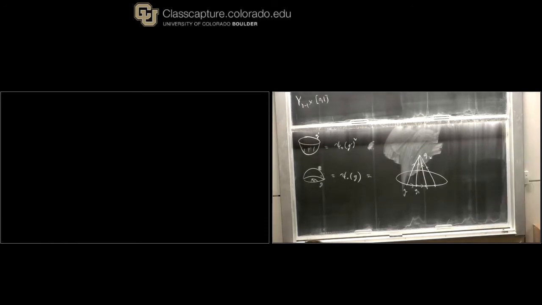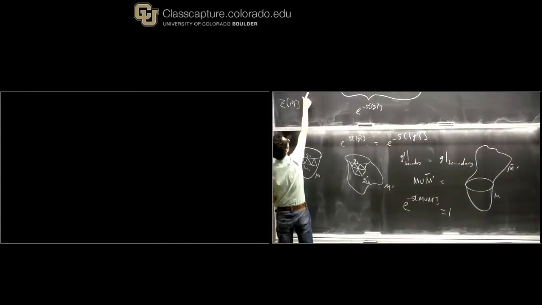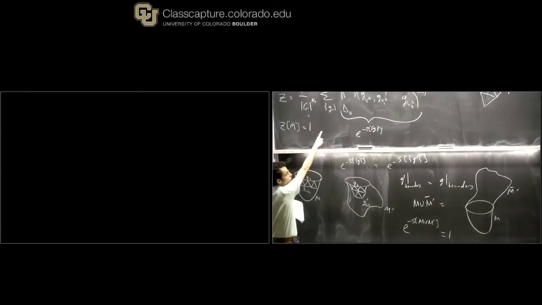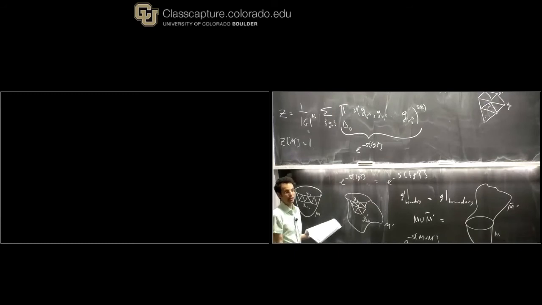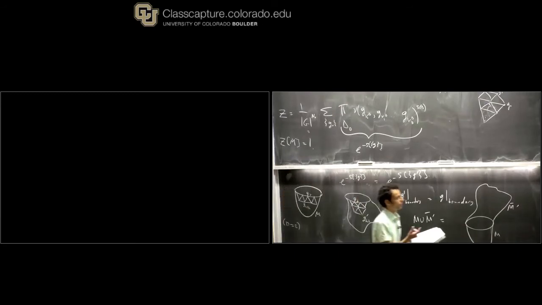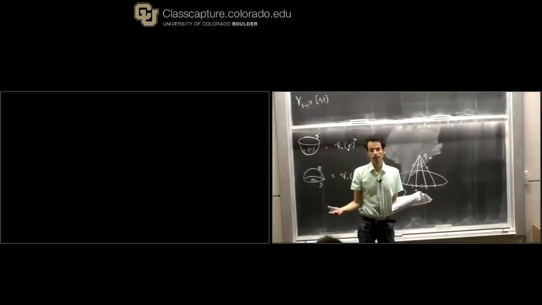So now, in principle, I should be doing this whole story of taking the sum over G_v in the bulk. But I have just one vertex in the bulk, and the action shouldn't depend on what I have in the bulk there.